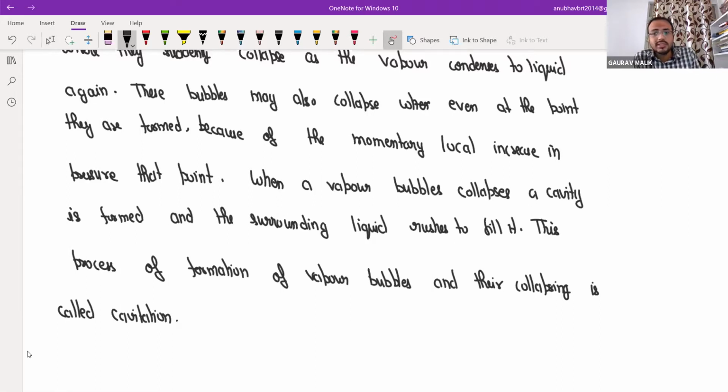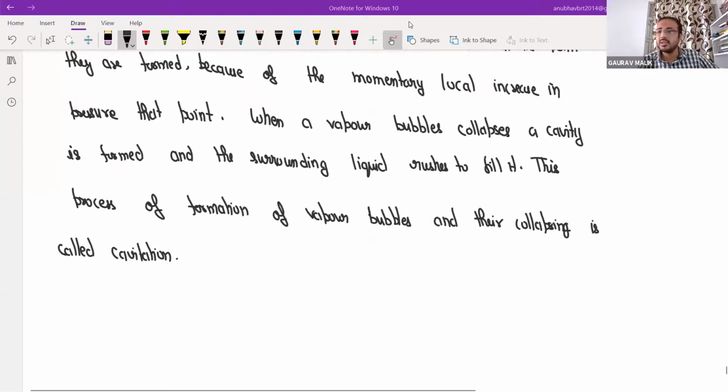So if you want to stop this phenomenon, then you need to maintain pressure above the vapor pressure. So it is the condition to avoid cavitation. And they ask this question in exams 2-3 times in 1 mark, 2-3 marks, and in PSU more than 5-6 times, because in PSU they ask very basic common questions.